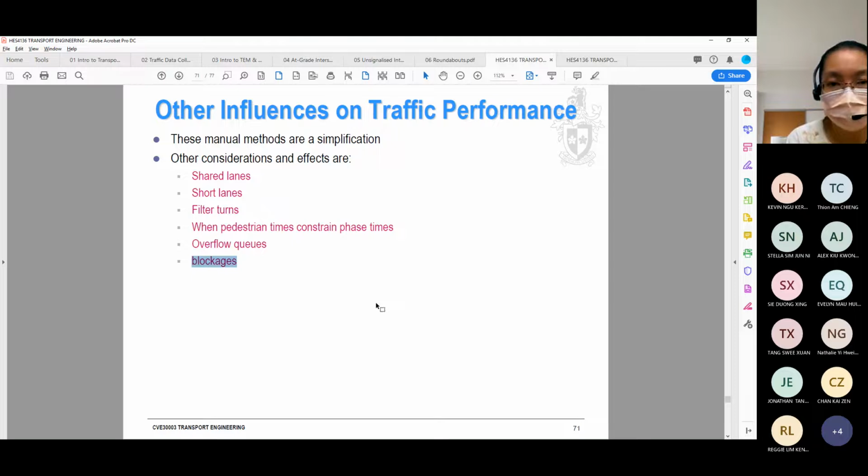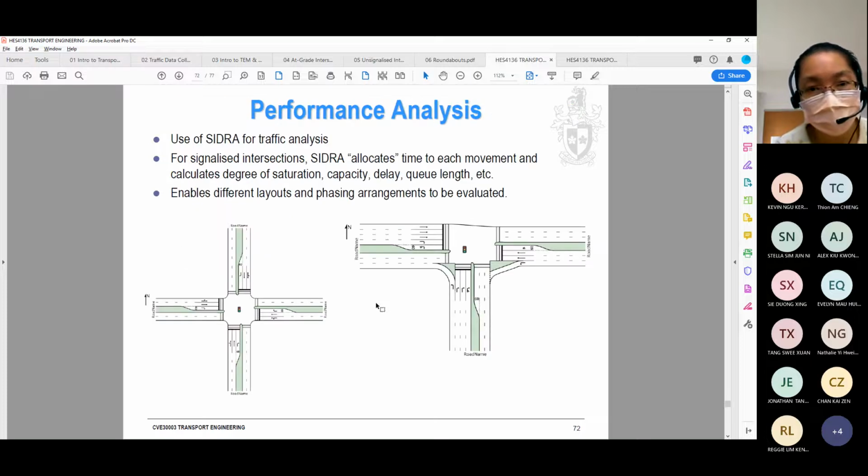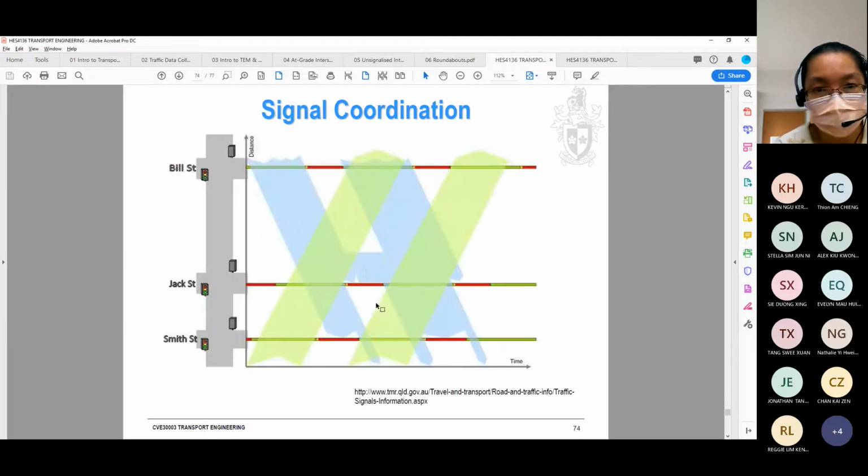These blockages can also occur downstream of your intersection, after you've crossed it. Okay, Sidra, we're not going to touch that.